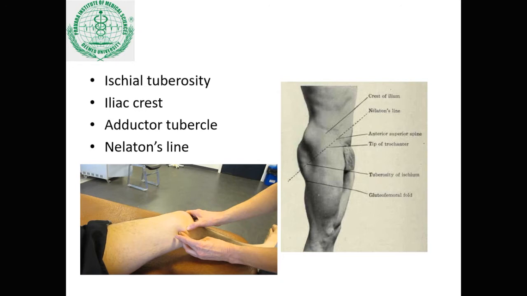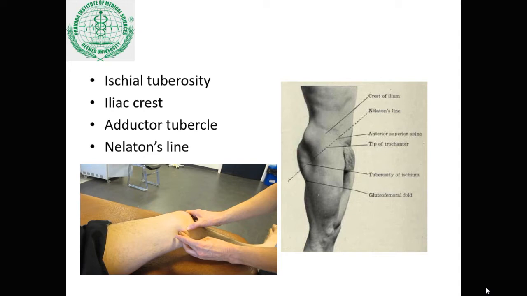Now the importance of this line is it gives the assessment of displacement in case of fracture neck of the femur. So the trochanter is displaced behind and above this line.